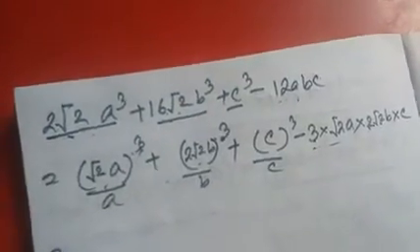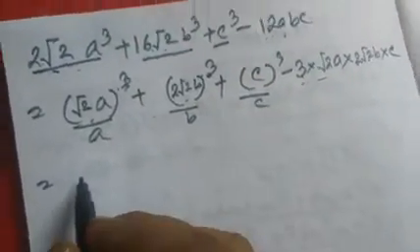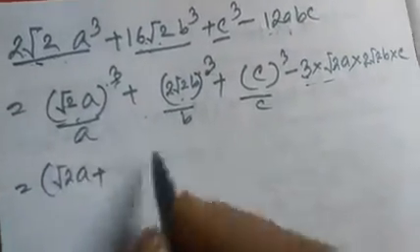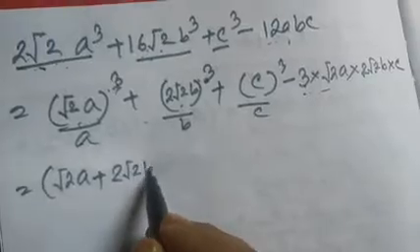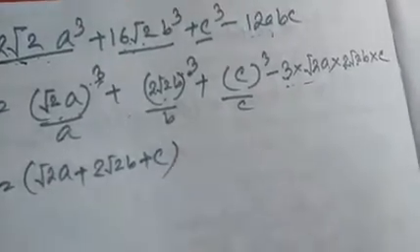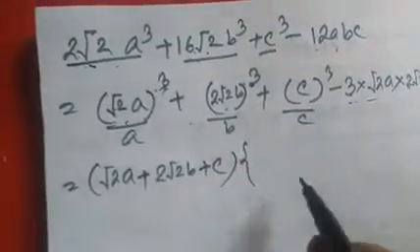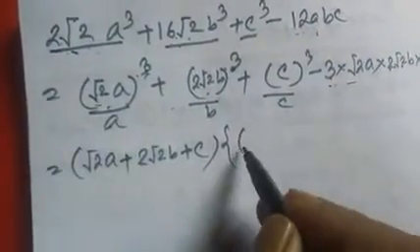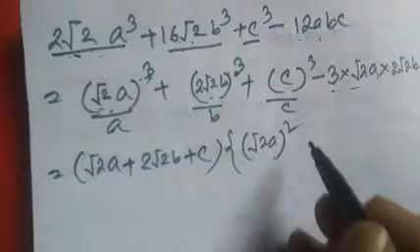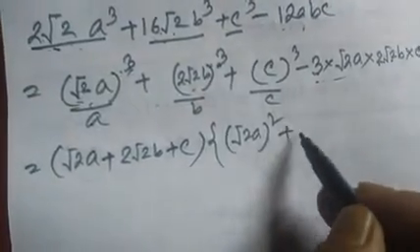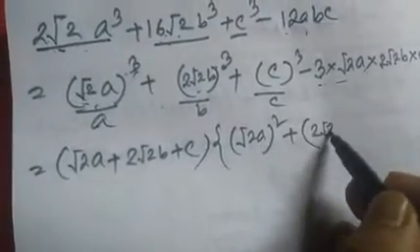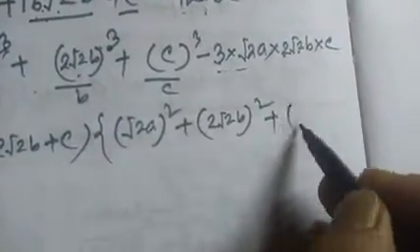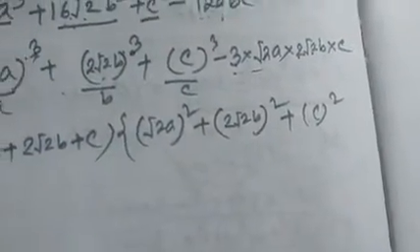So we can now apply the formula. The formula is a plus b plus c into a square plus b square plus c square minus ab minus bc minus ca. A square means root 2 a whole square, b square means 2 root 2 b whole square, plus c square means c square.